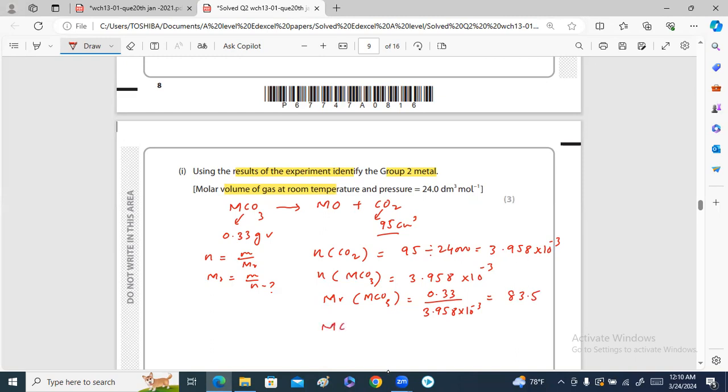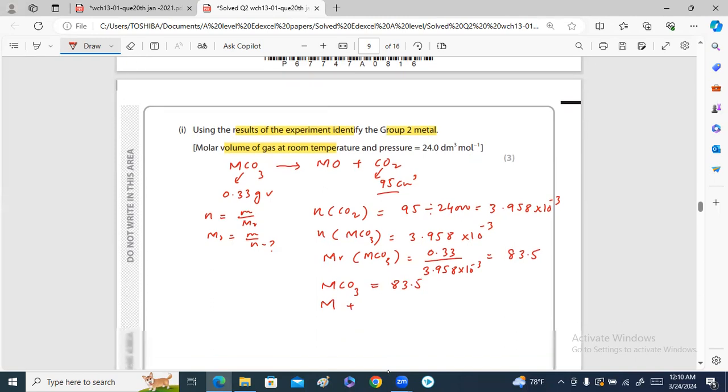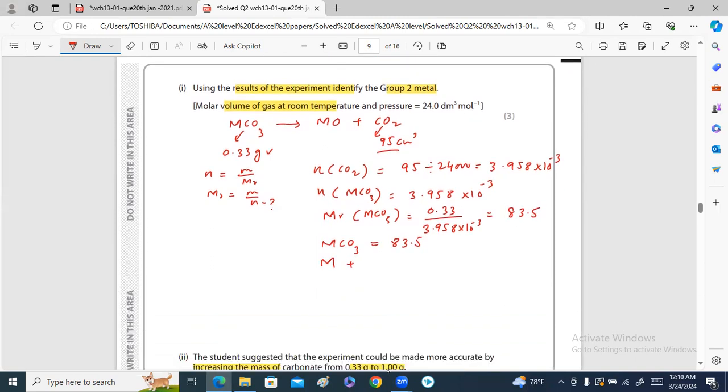So if we look at the metal carbonate, it is 83.5. If we want to identify the metal, now we can use the relative Ar values of the carbon and oxygen. So this is 12, this is 16 times 3, which is 48, plus 12, 60. So metal M is 83.5 minus 60.